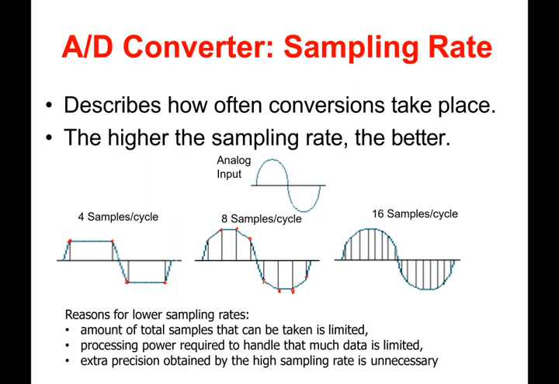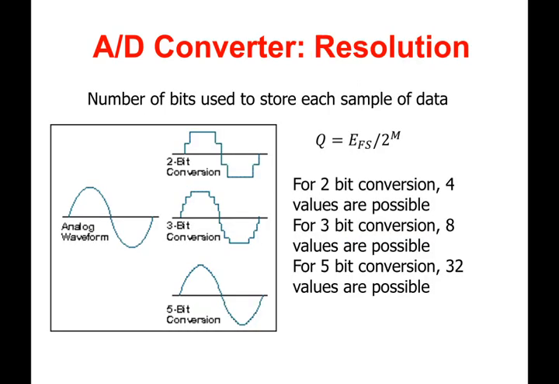It's definitely going to be higher, so you always have to take these type of considerations into account as well. And sometimes the extra precision obtained by a high sampling rate is very unnecessary. So these are the reasons that may force you to choose a lower sampling rate compared to a higher one. But in general, you want to have a higher sampling rate.